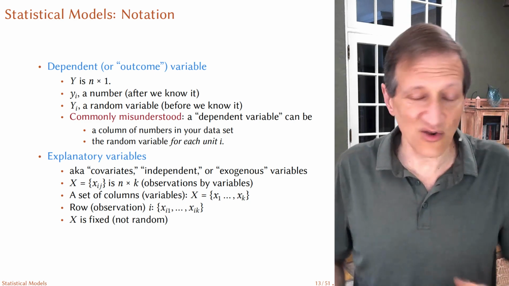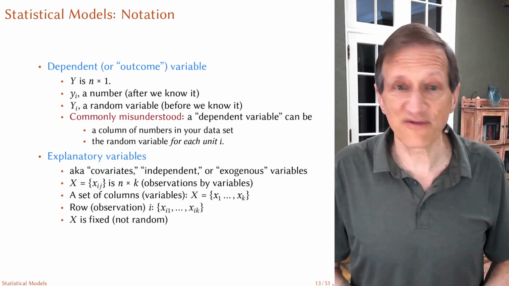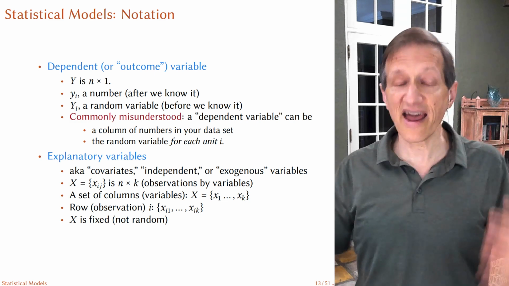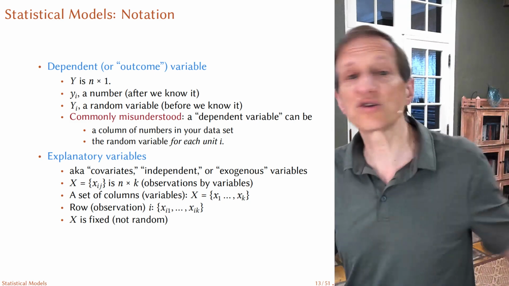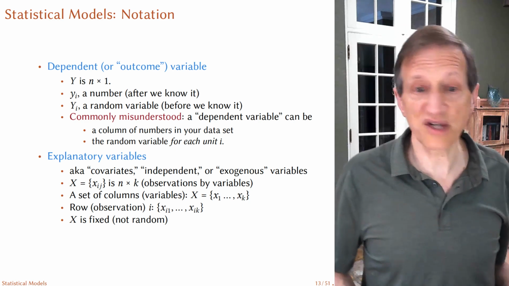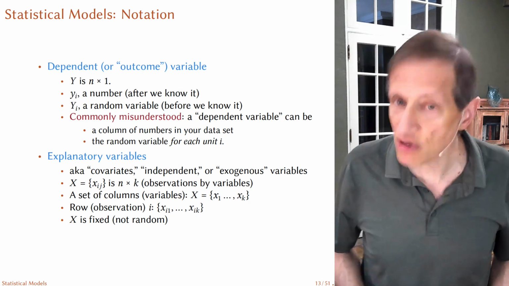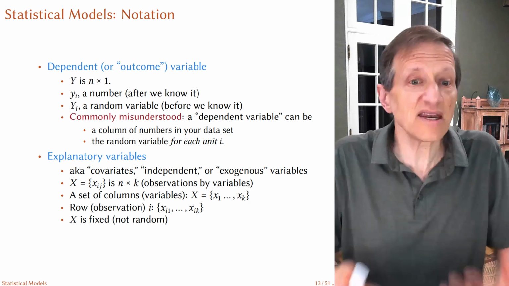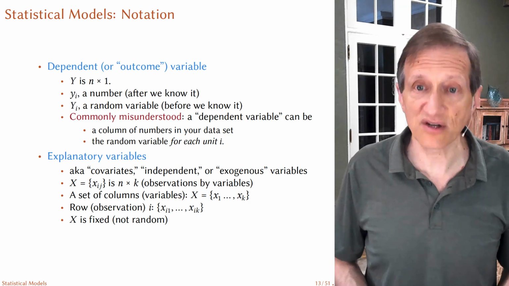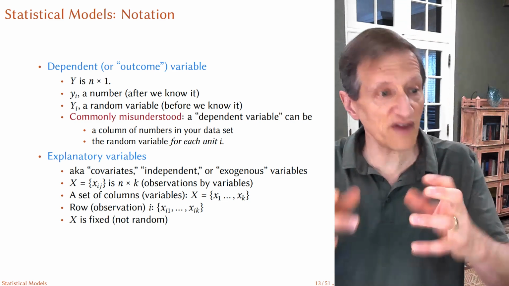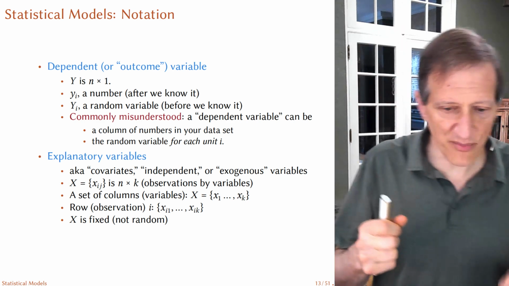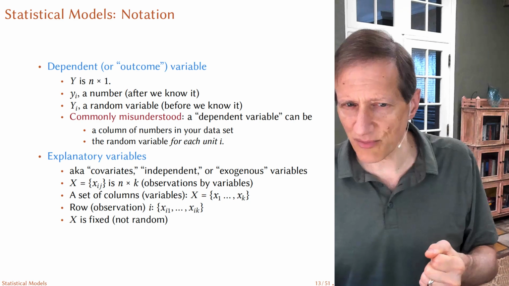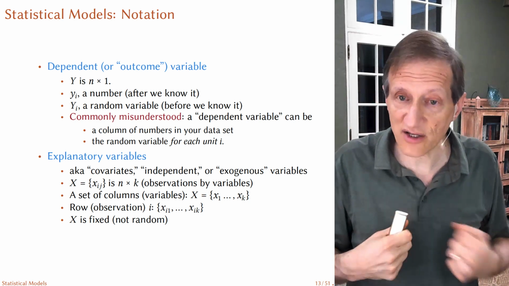X, in the way that we're going to model this, at least at first and most of the time, is that X is going to be fixed. It's not going to be random. It's going to be fixed across our draws of our data sets. That may not be true, and we may need to change the model to pay attention to that, right? It could be fixed if we decide that some people are going to get the medicine and some people are going to get the placebo when we decide who gets what.